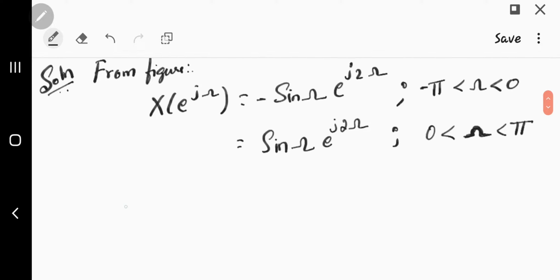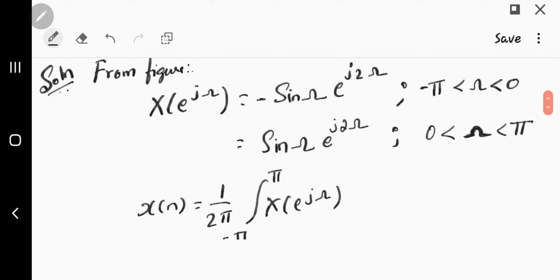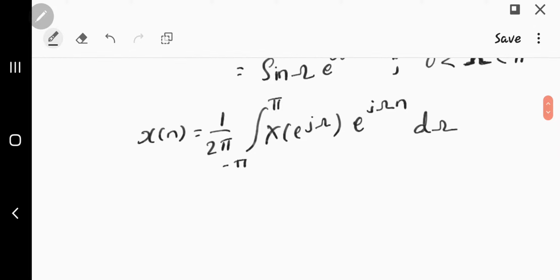Now we have to find x of n. So we use this expression: x of n is equal to 1 by 2 pi integral from minus pi to plus pi of x of e power j omega into e power j omega n d omega. Since we have two different durations for this signal, let's represent x of e power j omega in these durations.